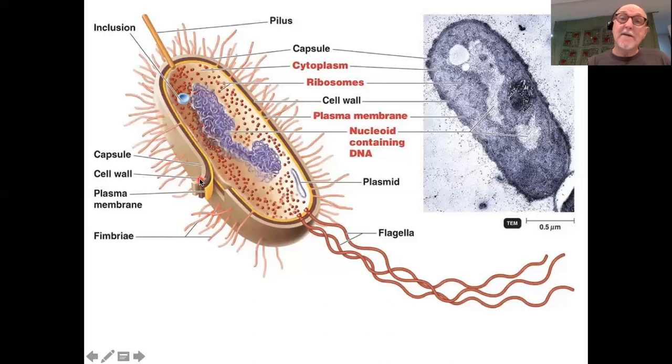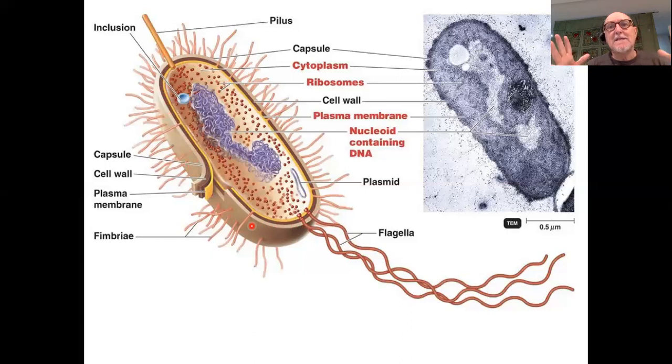Now, on the outside of the cell wall, there may be all sorts of other things as well. Very often, the bacteria will excrete a layer of mixed polysaccharides and substances that form a distinct non-living layer around the outside, which is variously called the capsule or the slime layer.